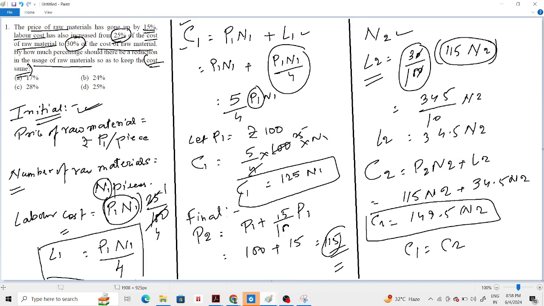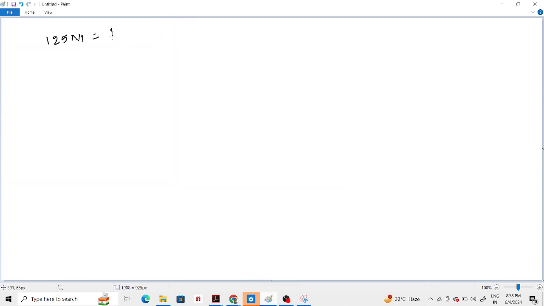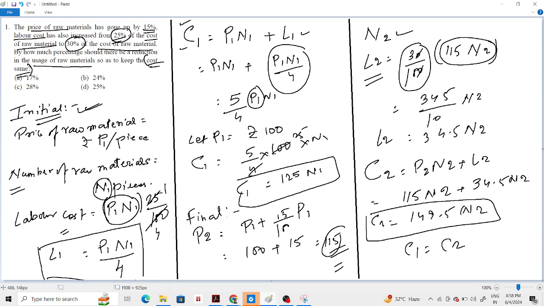Okay. So what is C1? C1 is 125 N1 and C2 is 149.5 N2. So what I need to find out is how much percentage should there be reduction in the usage of raw materials.